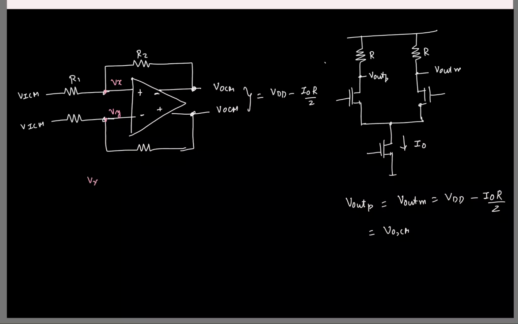Vx and Vy will be equal. That's the principle of virtual ground. And mathematically speaking, this has an infinite gain, finite output, which means the input difference must be 0. That's all. But what are the absolute values of Vx and Vy here?